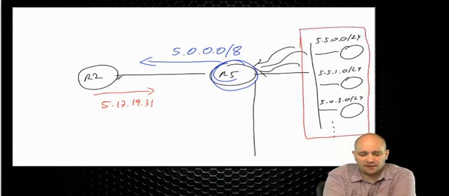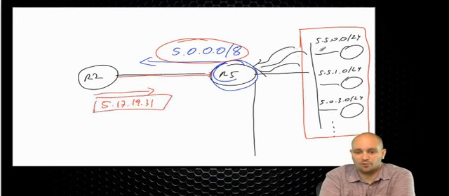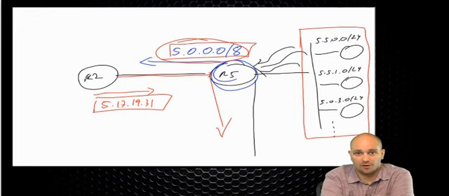Now, when this traffic actually arrives at R5 as the result of this route, because R2 doesn't know any better, R5 is going to say, okay, I have traffic for 5.17.19.31. Do I have a more specific route where to send this traffic? No, I don't. So R5 is actually going to drop this traffic as the result of this null route.